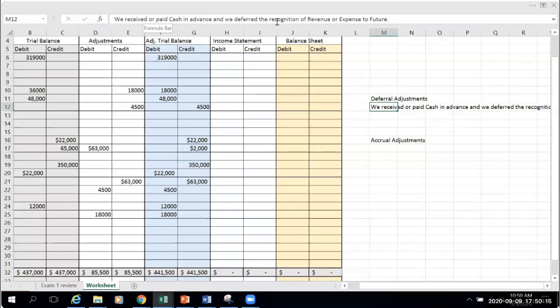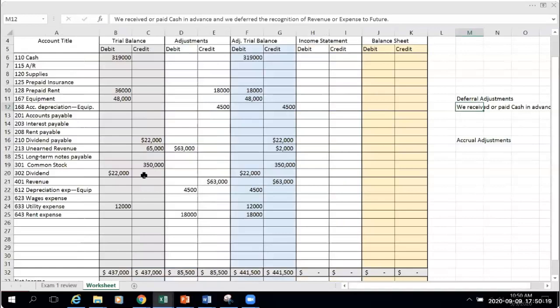Make sense? So an example maybe I can have here. Let's say here, we paid, you see prepaid rent, we paid cash in advance, and we deferred the recognition of expense to future. And future is now at the end of the year.